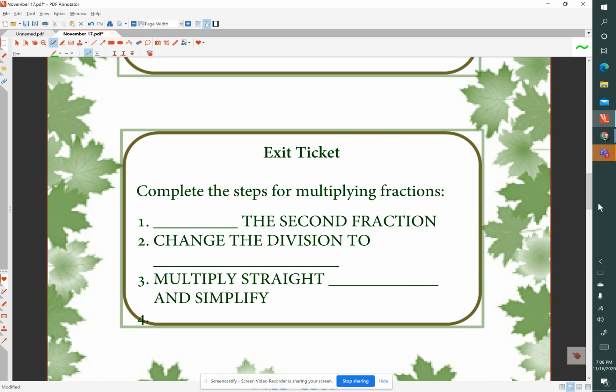Okay, so what we need to do to divide fractions is to flip the second fraction. Okay, flip it. We are finding the, let's write this word down, reciprocal. Change the division, let's box that so we remember that. Change the division to multiplication.